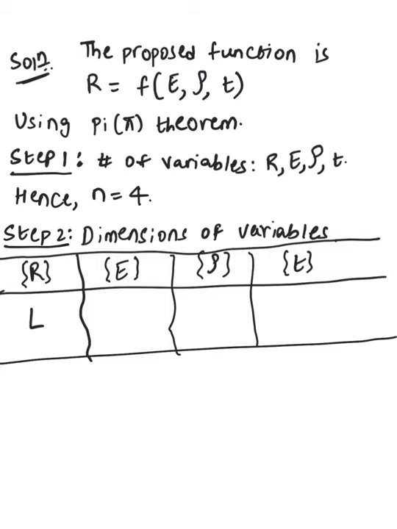The dimension of energy or work is M L squared T to the power minus 2. Rho is density, mass upon volume, that would be M L to the power minus 3, and t is time, a basic dimension, given by T.